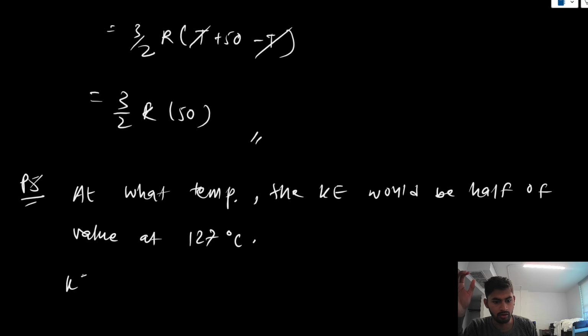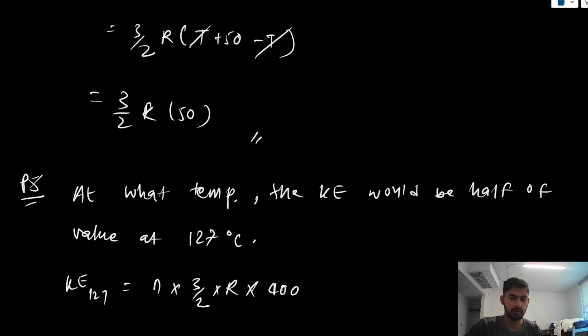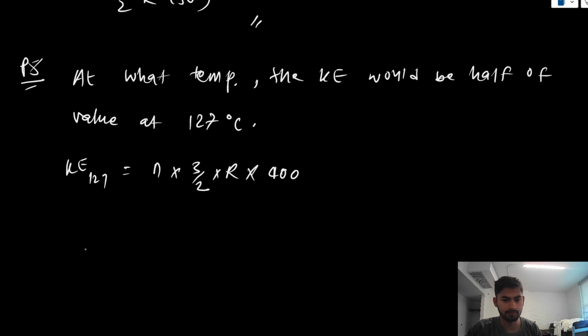So kinetic energy at 127 is n times 3 by 2 times R times 127, which would be 400 kelvin, right?